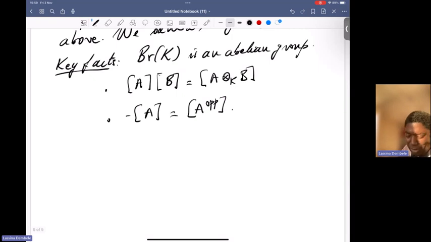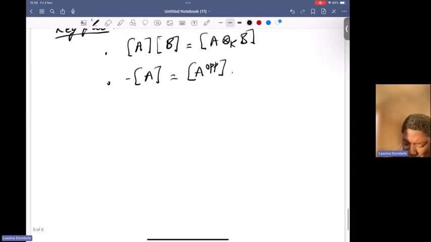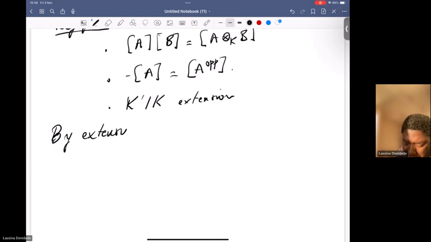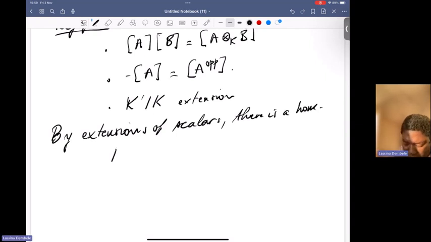Another thing that I want to add is that if you take K prime over K, an extension, then by extension of scalars there is a homomorphism from the Brauer group of K to the Brauer group of K prime.